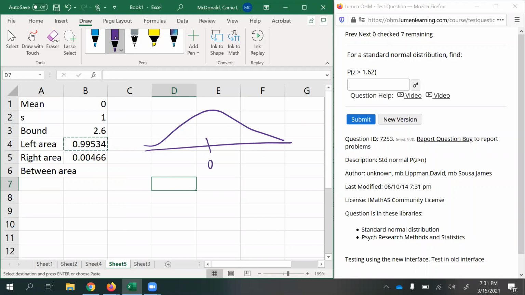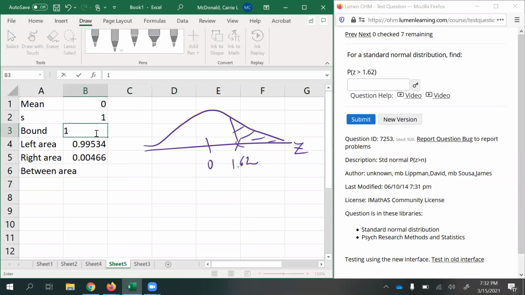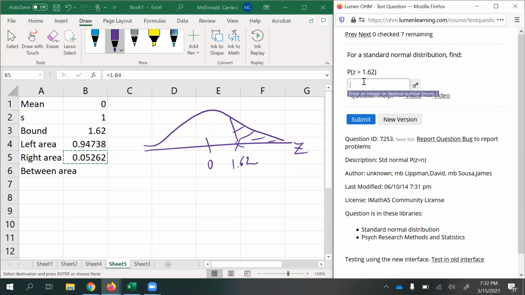It's a standard, so I have my z-score boundaries with a mean of 0, and then my boundary is 1.62, and it's to the right, so I know this is going to be a probability that is less than 0.5. Now when I put in my boundary of 1.62, I see that my right area is a small right area, and it's definitely less than half. So that would make sense as my answer.